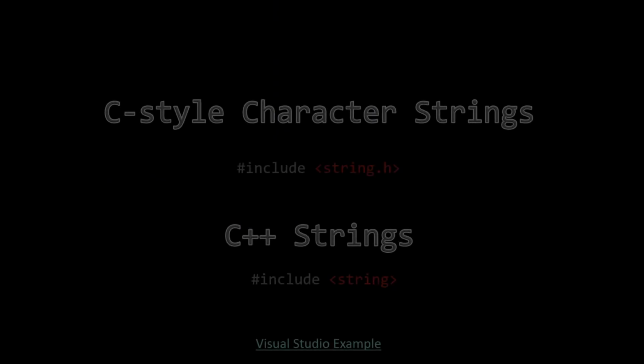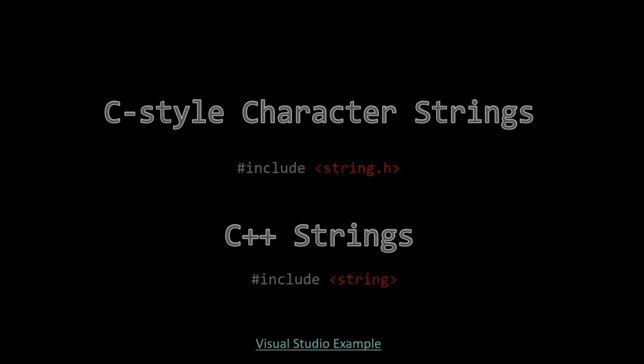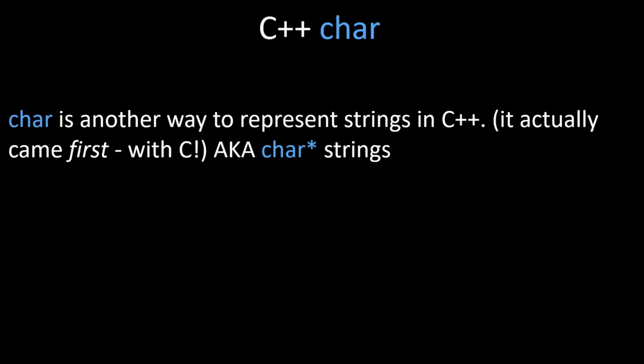Now, we've looked at C++ strings. Now it's time to look at C-style character strings, because they're an important use of dynamic memory inside of C++. A char is another way to represent strings in C++. It actually came first with C. It's also known as a char star string.